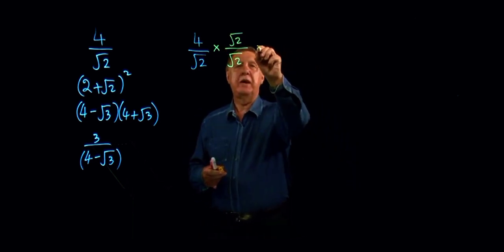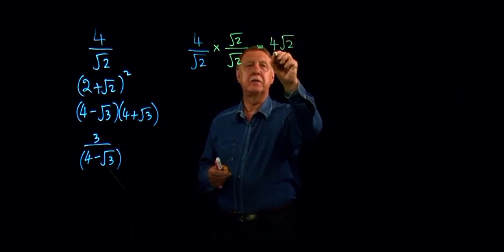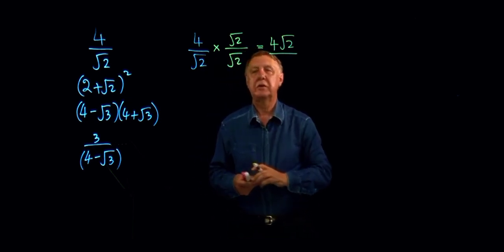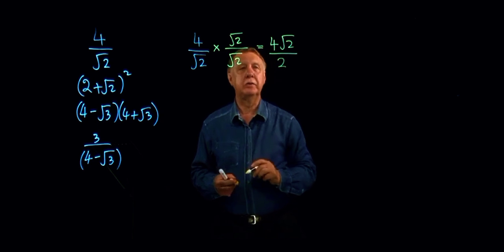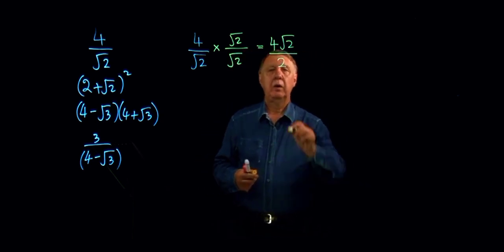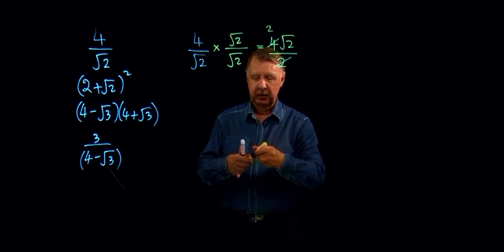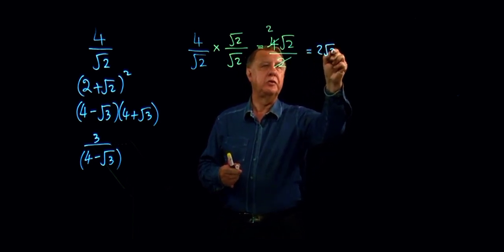And if we do that, 4 times the square root of 2, we can write like that. And then on the bottom line I've got the square root of 2 times itself, which of course brings me back to 2. 2 cancels, and I'm left with the final answer of 2 root 2.